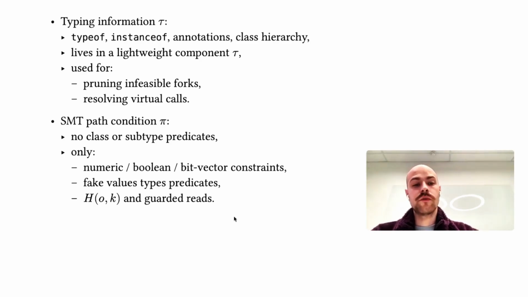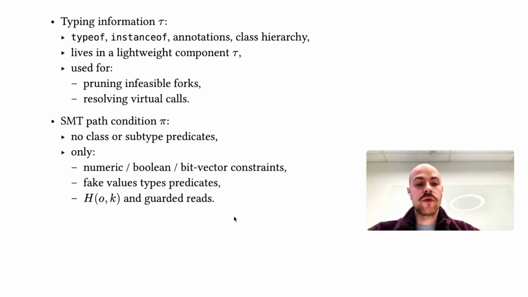It's used for proving infeasible forks and resolving virtual calls. So it's not about these path minimal objects. It's about symbolic execution itself. The SMT path condition doesn't consist of any class or subtype predicates, so it doesn't have type information.